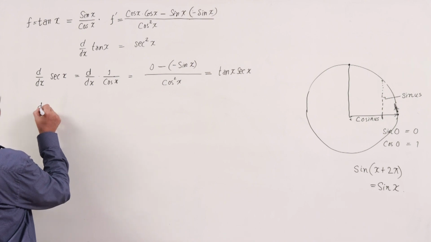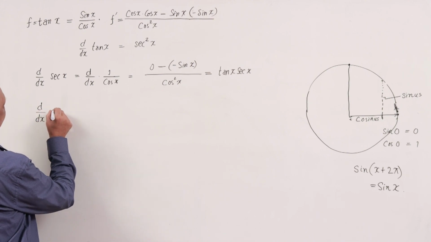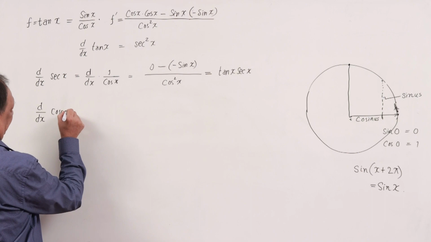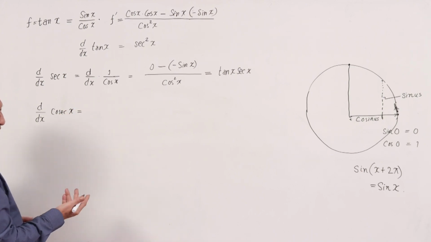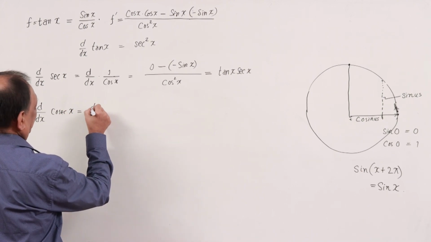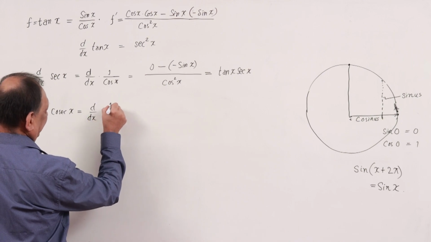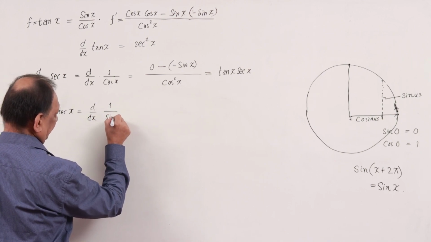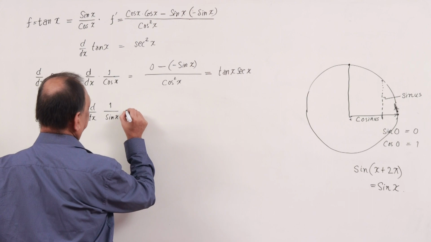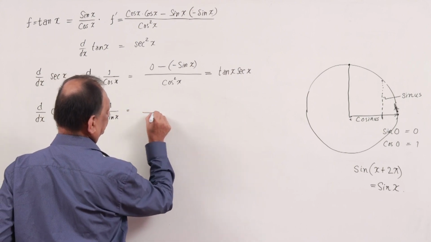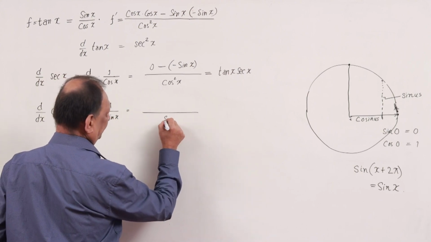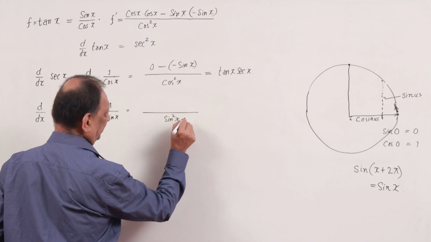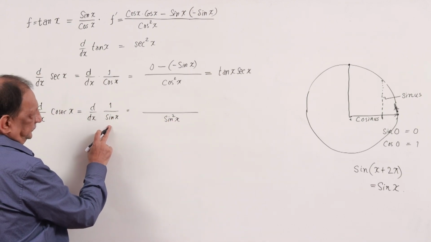Now, similarly, we can write d by dx of cosecant x. This you can almost write by symmetry also. It is d by dx of 1 over sin x. Sin squared x in the denominator, squared.